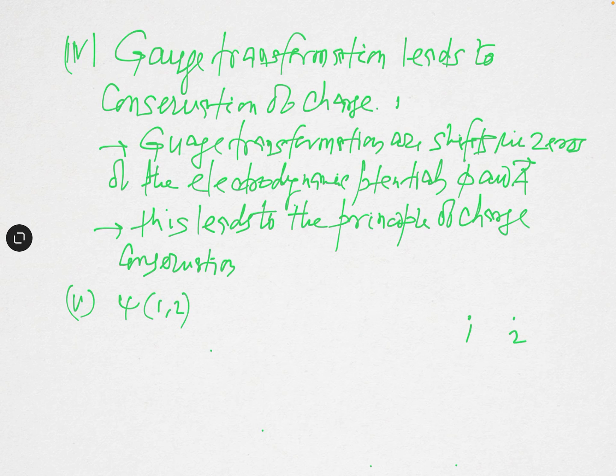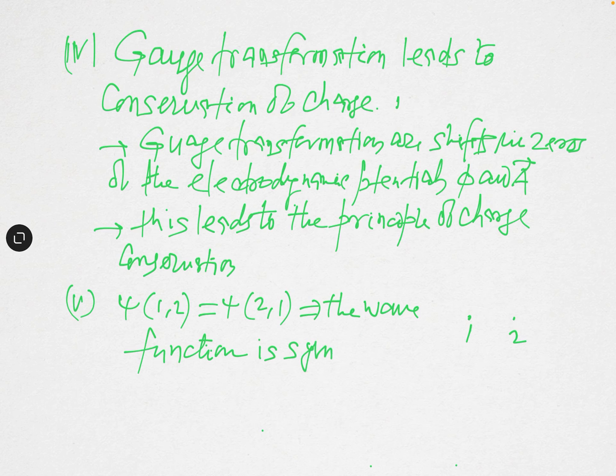And after the interchange of the particles, if the wave function is psi 2, 1, and this psi 1, 2 is equal to psi 2, 1, in that condition the wave function is symmetric.